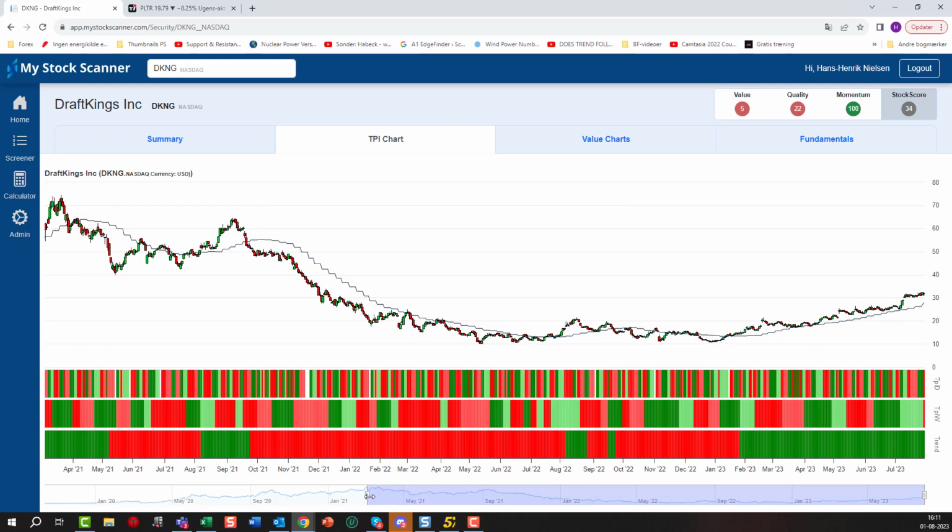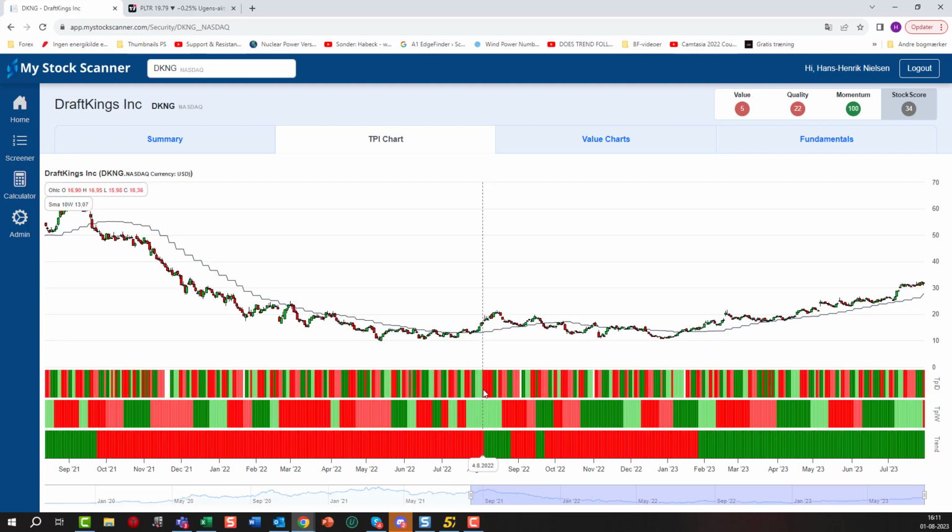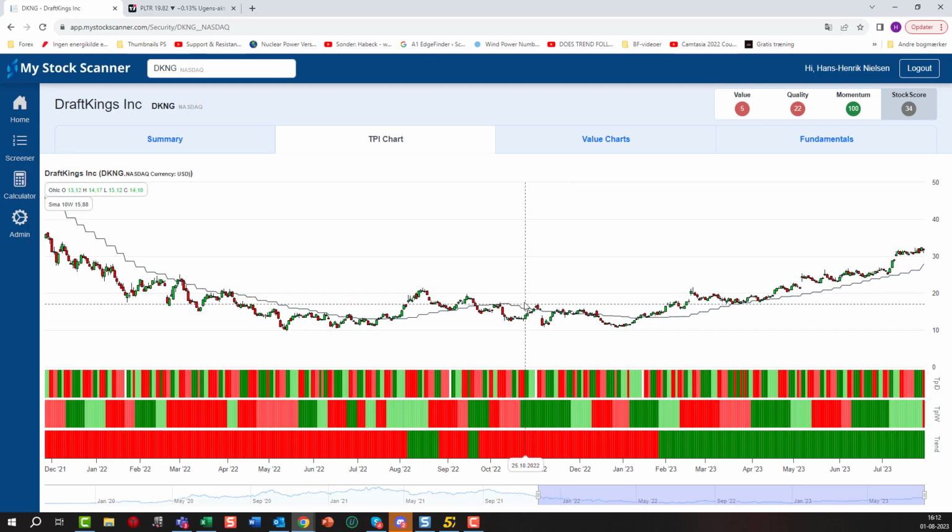And then when we look a bit closer to it here, we don't get a buy signal here. We actually might get a buy signal here where we are taking a loss on it of maybe 5 or 8% here. And then when we get closer to the current market here, we can see that we are in a long-term uptrend.